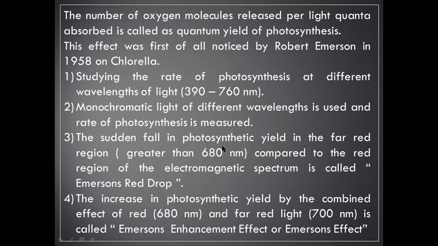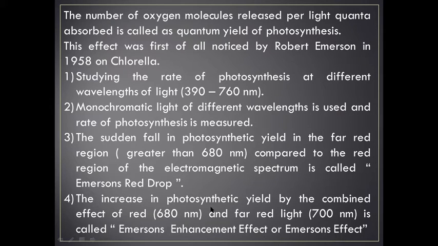The sudden fall in photosynthetic yield in the far red region, that means greater than 680 nanometer of light, compared to the red region of the electromagnetic spectrum, is called Emerson's red drop effect.